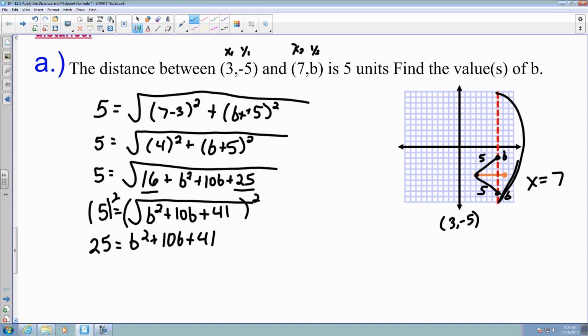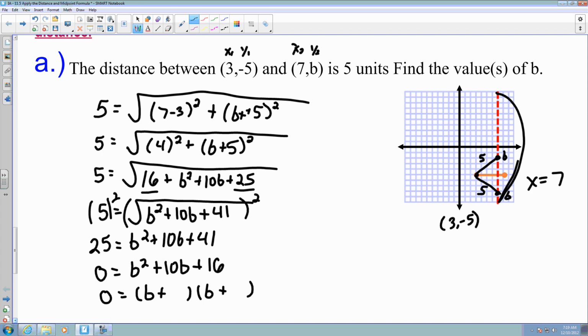Now what I want to do is set one side equal to 0 and solve for b. So now I have 0 equals b squared plus 10b plus 16. And now I'm going to factor it out. So I have parentheses, I got b, so it's plus plus.